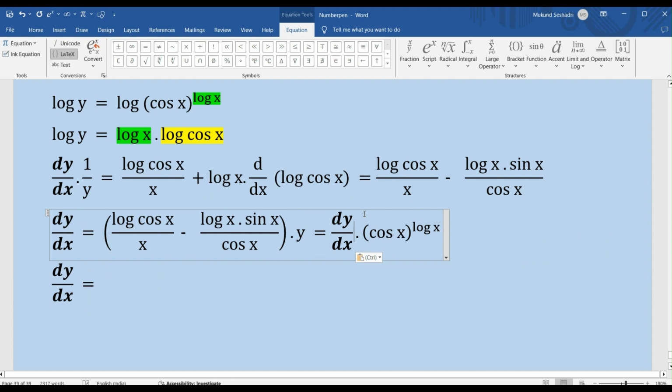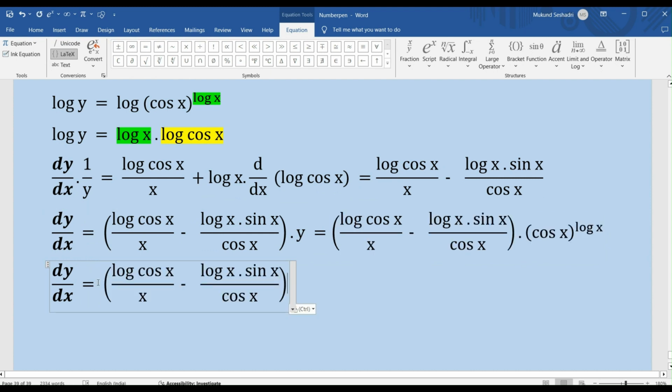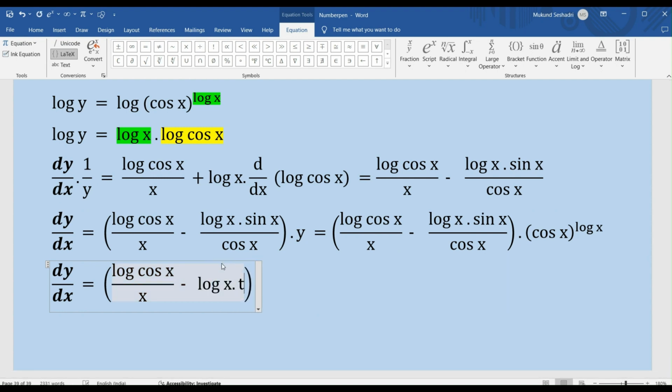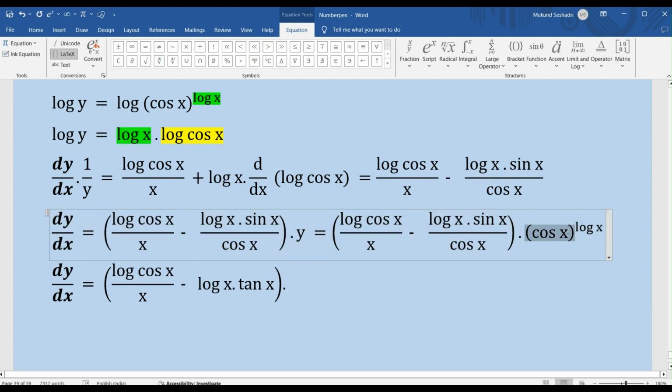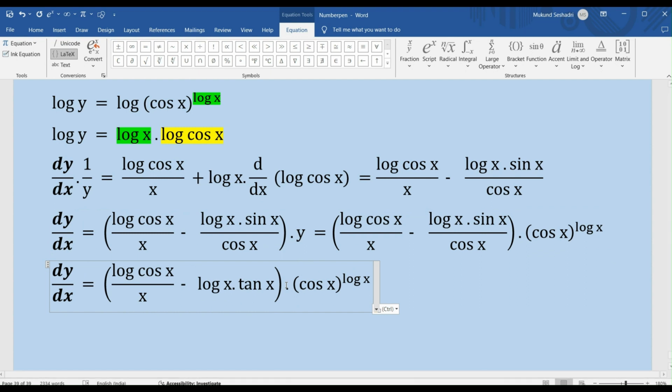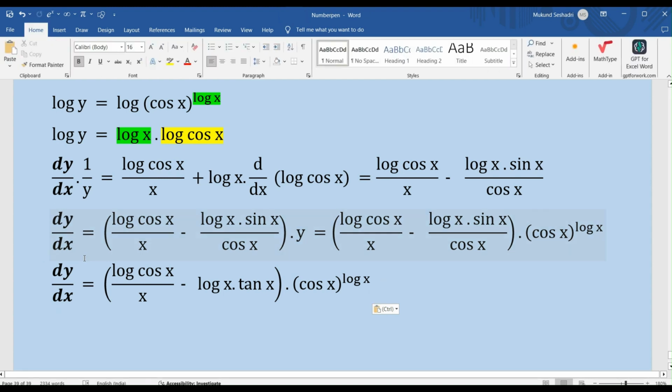My first part, which is log of cos x divided by x minus log x into sin x by cos x. Maybe I will remove this and call it log of x dot tan x, right? And why is that? Because sin x by cos x is tan x. Times cos x to the power log x, right? I don't think we can do any further simplification in this particular expression we have on the right for dy by dx. And there we have my final answer.